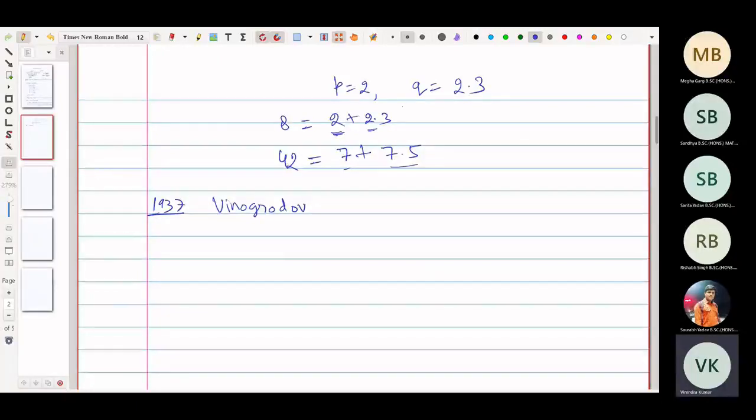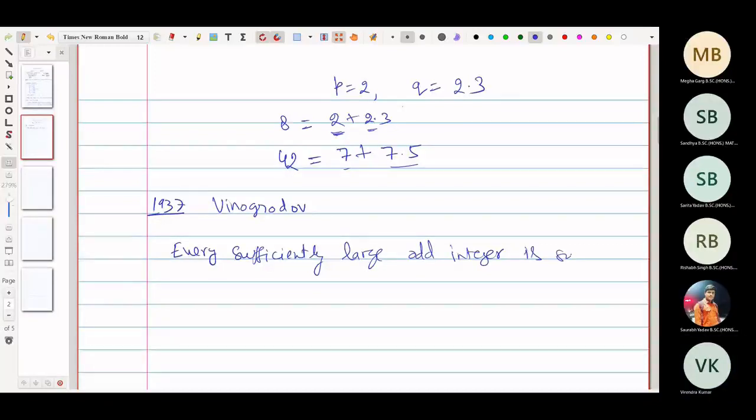He proved that every sufficiently large odd integer, he's talking about the odd integer now, every sufficiently large odd integer is a sum of three primes.